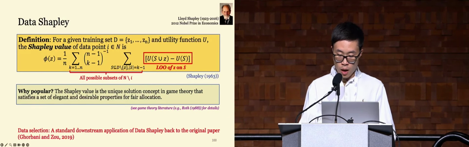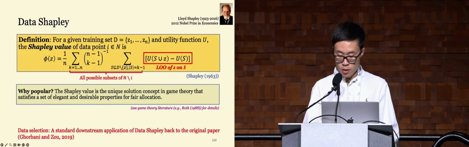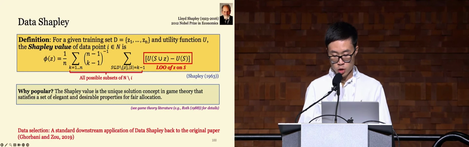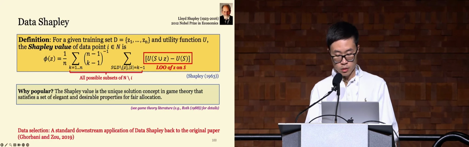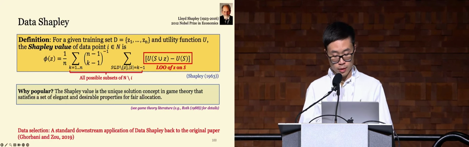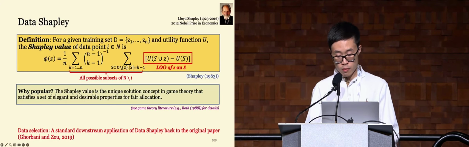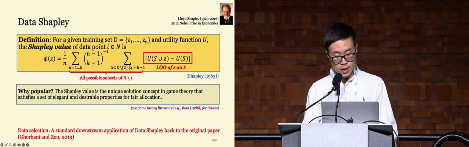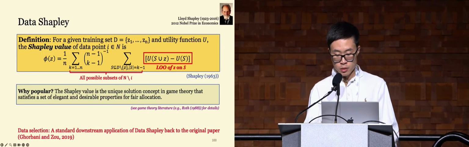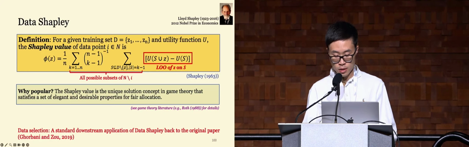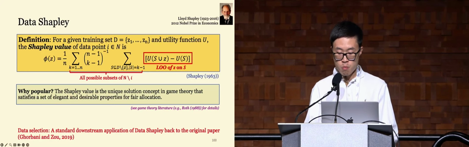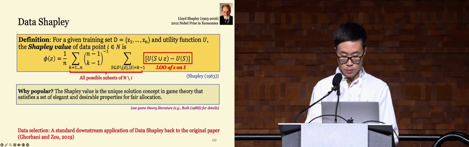Mathematically, unlike the leave-one-out score, the Shapley value considers the counterfactual performance change when adding the data point of interest to all possible data subsets, and then takes a weighted average. This makes the Shapley value a more reliable data attribution method compared with the leave-one-out score.